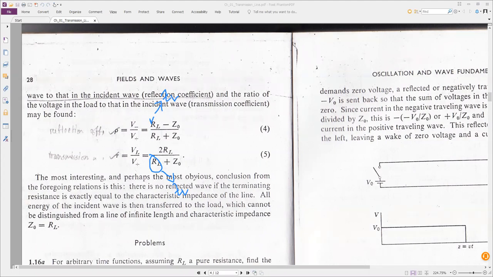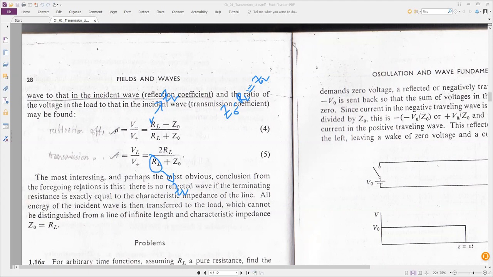If Z naught is equal to RL, or ZL, then what would happen? The reflection coefficient would be 0, right?